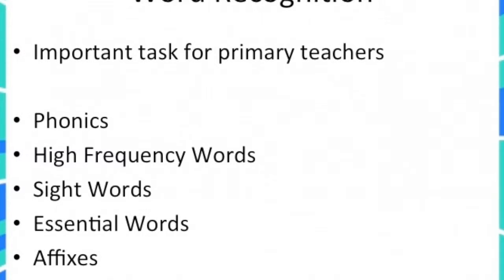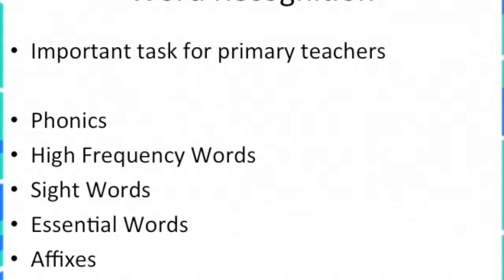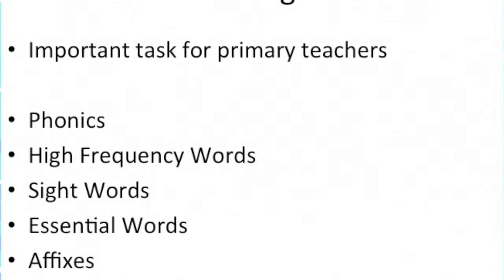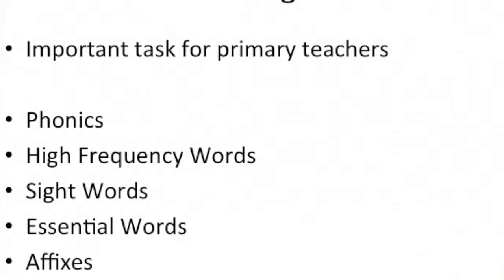Certainly we want all of the high frequency words to become sight words, but children's sight word vocabularies are very different. For instance, students recognize their name. That's a sight word for them very early on. And so depending on where a student comes from, their background, all of that has a large impact on what those sight words are. So we want to move students to making sure that those high frequency words become sight words.